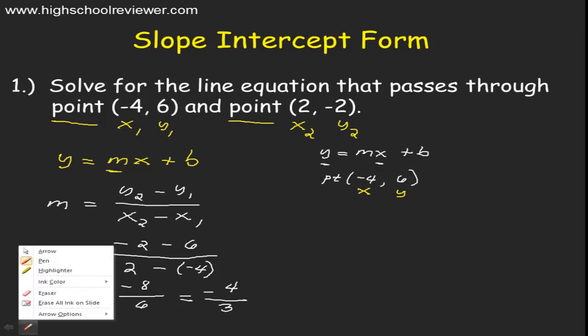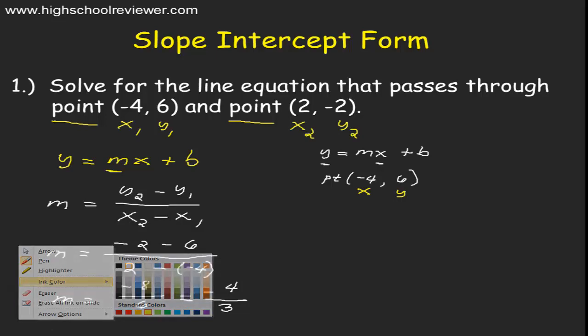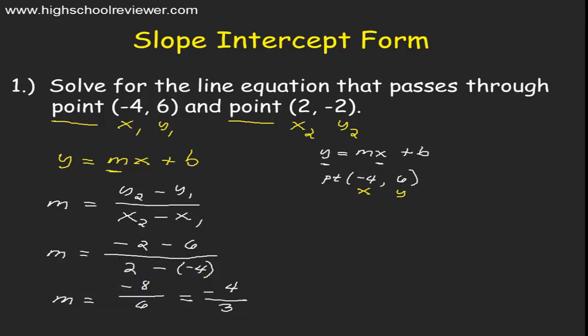So we will then substitute the values. Our y is 6 and our slope is -4 over 3 multiplied by x, which is -4, plus b.